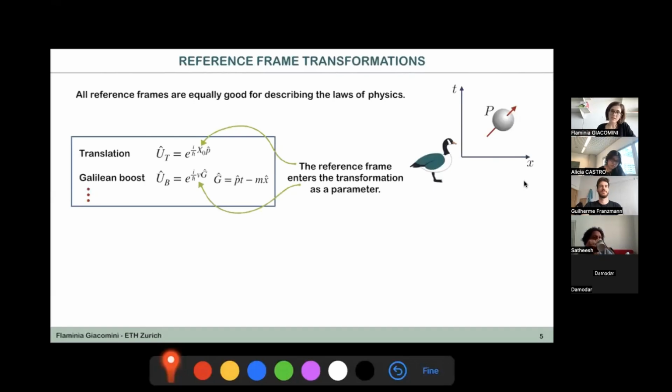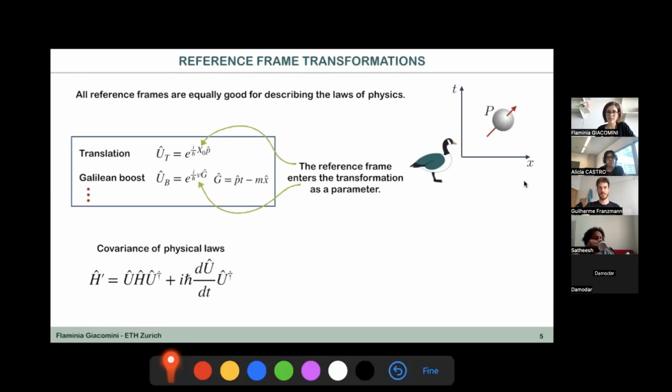But now we also know that the quantum systems to which we apply these transformations also have some dynamics, and this dynamics is governed by a Hamiltonian operator. So whenever we apply a unitary transformation, we also have to transform the Schrödinger equation. It turns out that the Schrödinger equation is mapped into a Schrödinger equation if I change my Hamiltonian according to this law, where U is the reference frame transformation that I apply.